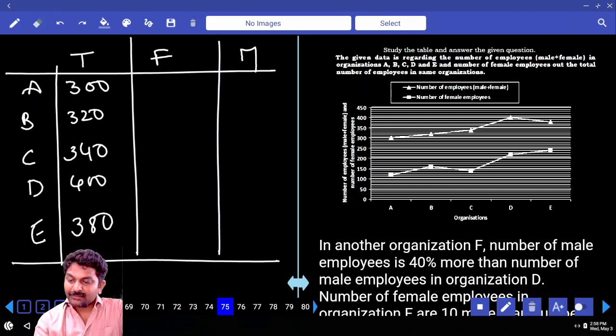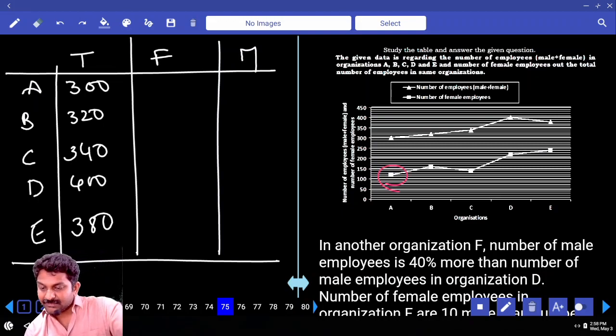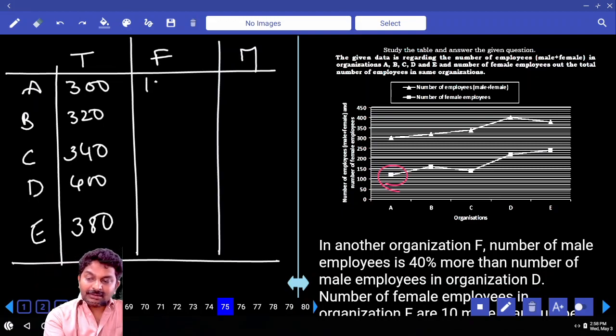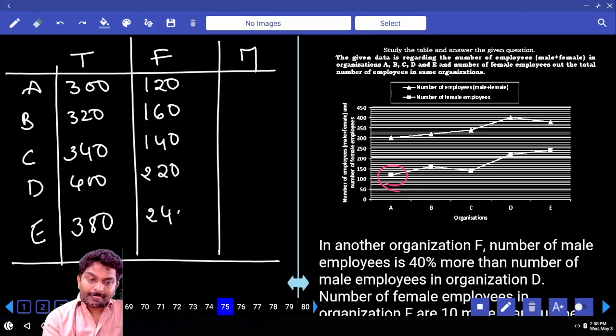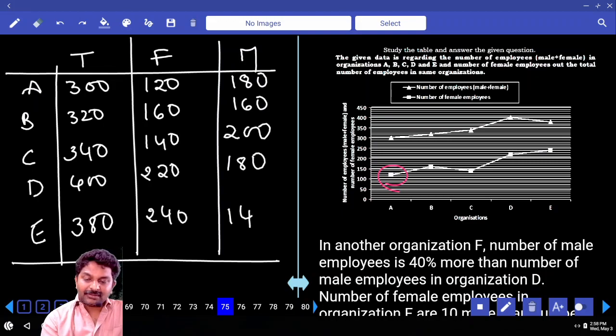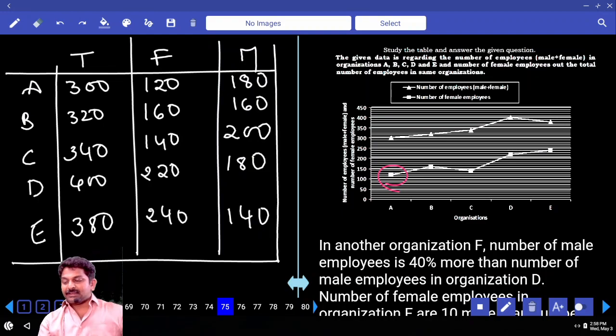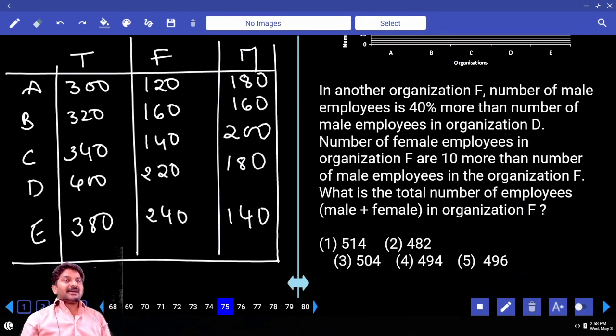Female: start with this number. 120, 160, 140, 220, 240. Difference: 180, 160, 200, 180, 140. Get the table ready, then easily you can answer all the questions.